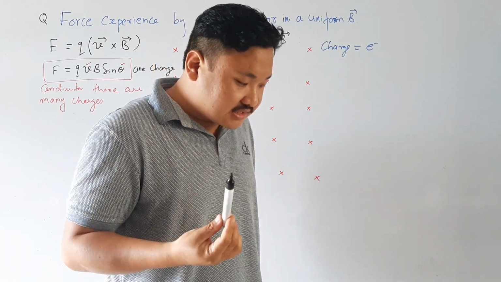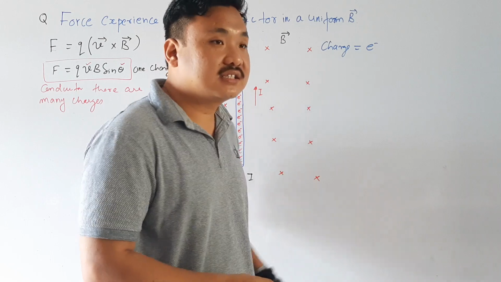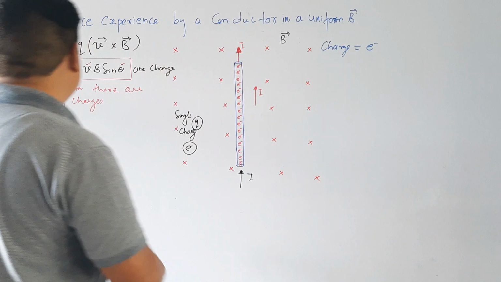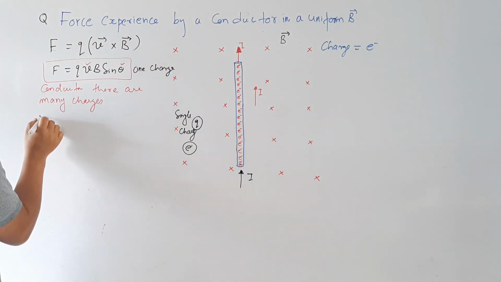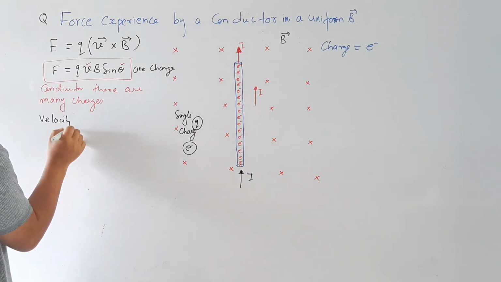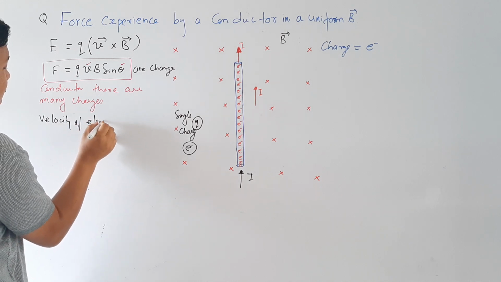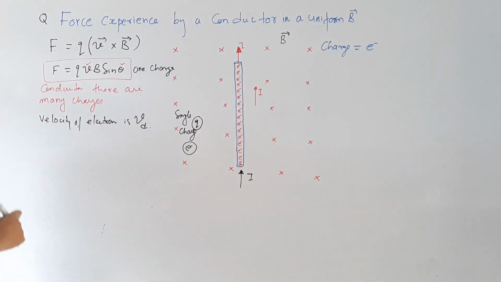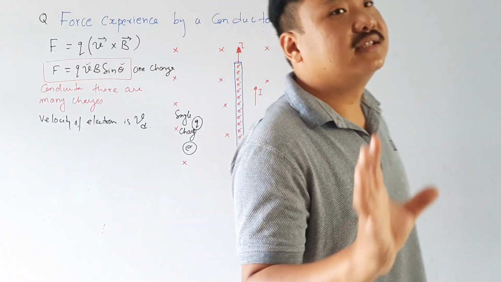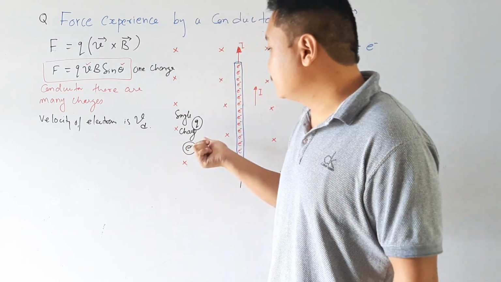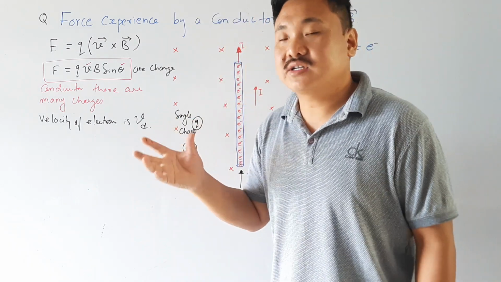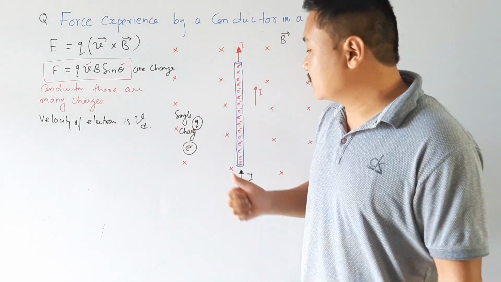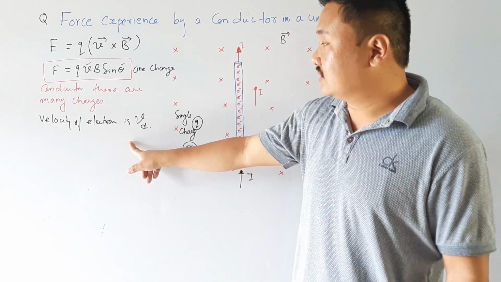So the electron moving in this conductor has a velocity called drift velocity, the velocity of electrons, that is Vd. You have already studied this in the third chapter. It is not a single charge, it has many velocities, which I have already explained in the third chapter. So this is my drift velocity.